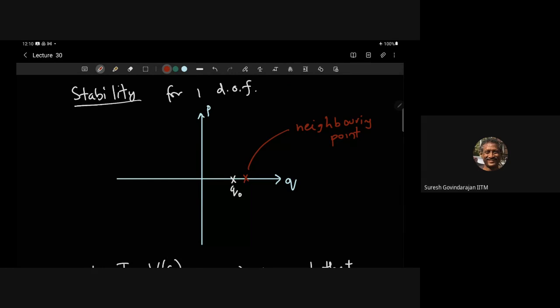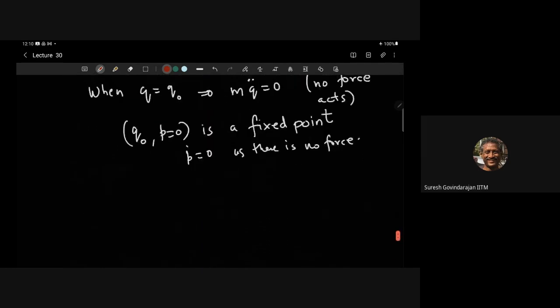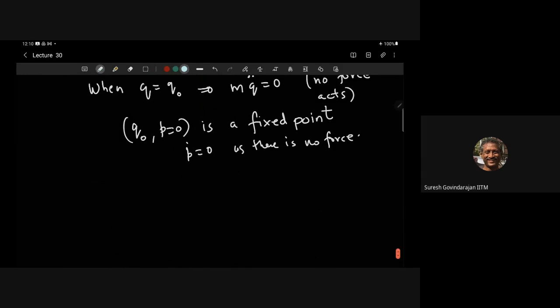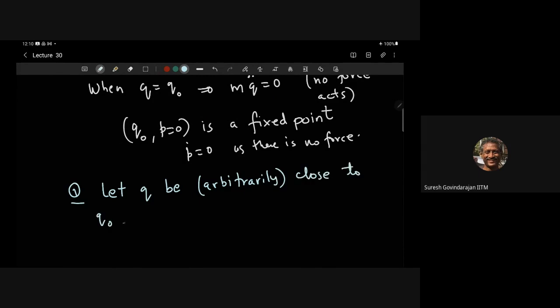The question is, let Q be close, or arbitrarily close, to Q0.